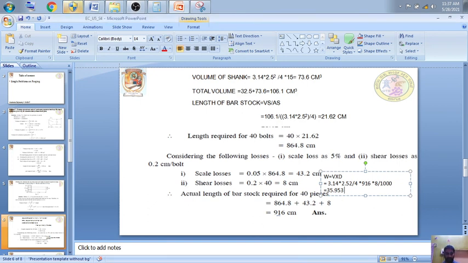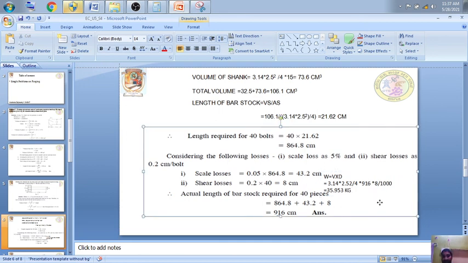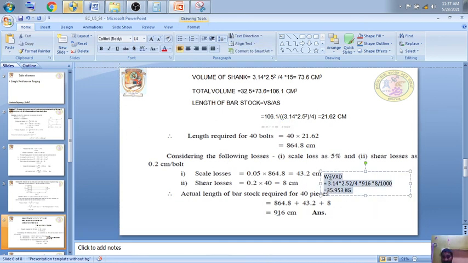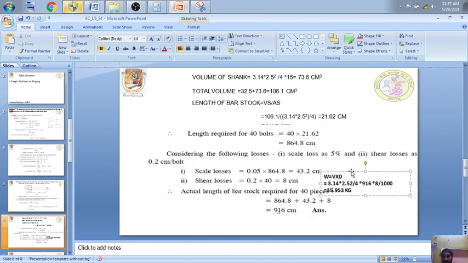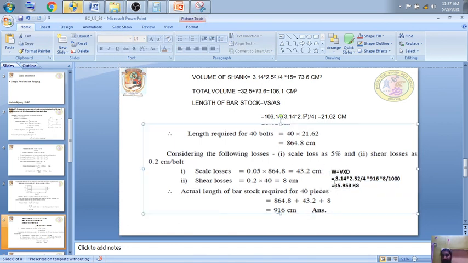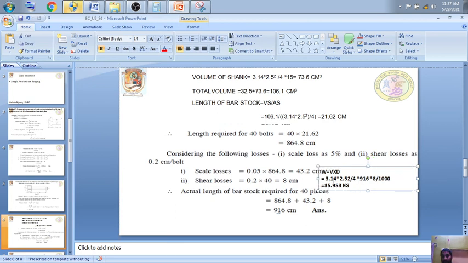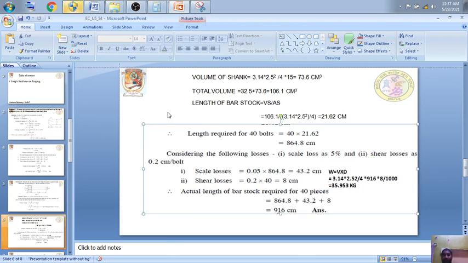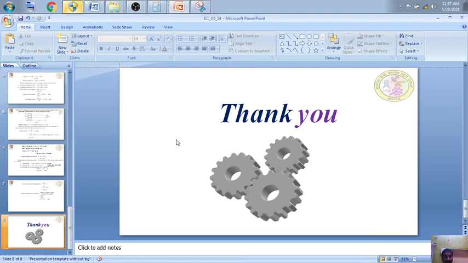So 35.9 kg of material is required for preparing such 40 bolts. 35.93 is the total weight of the stock required. Okay, hope you understood this problem. Thank you.